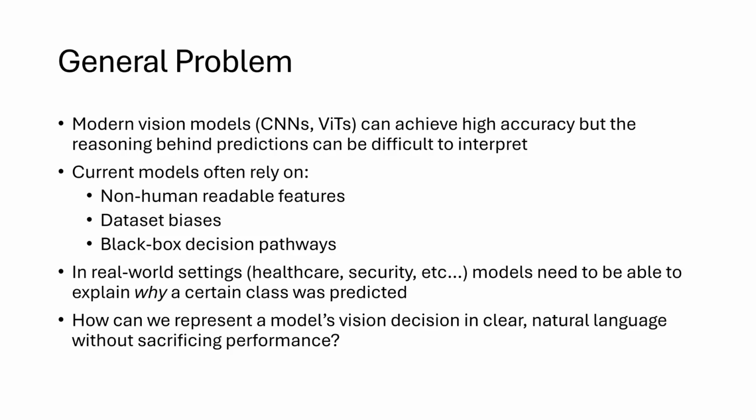However, in real-world settings such as healthcare or security industries, models need to be able to explain why a certain classification was predicted. So the question we're trying to address is how can we represent a model's vision decision in clear, natural language without sacrificing performance?